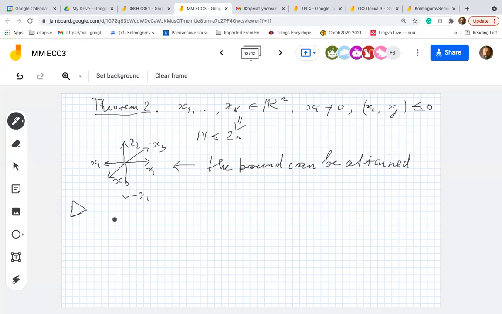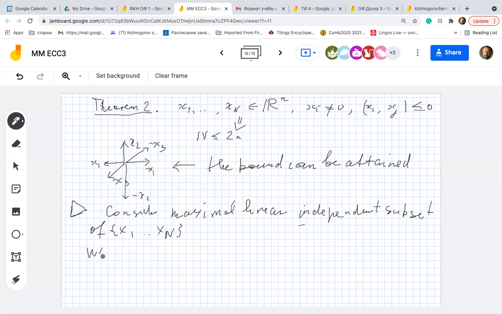And the proof is the following one. First of all, we consider the maximal linearly independent subsystem of this system. Without loss of generality, we can assume that these are the first, say, m vectors. This subsystem is the largest linearly independent subset.